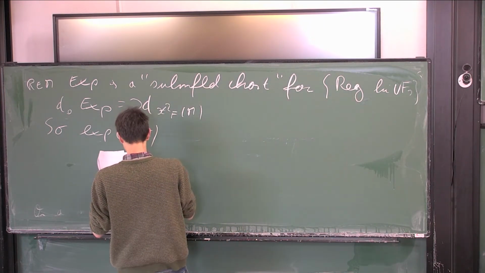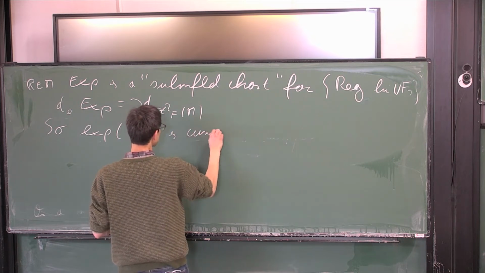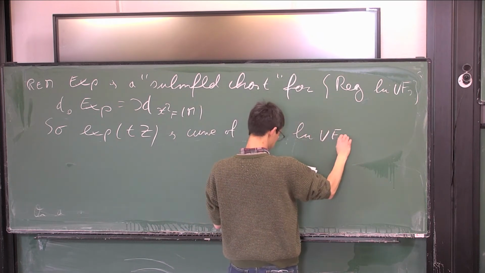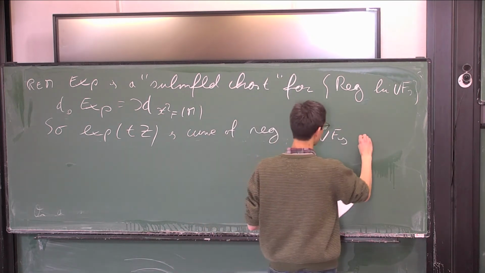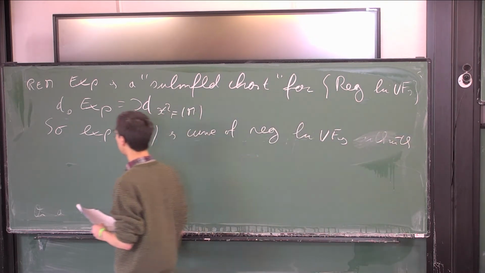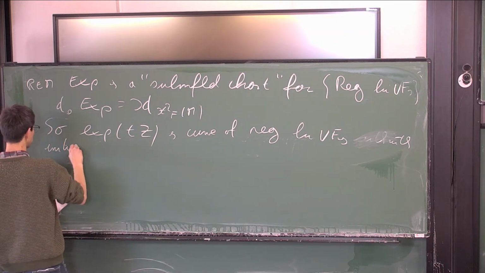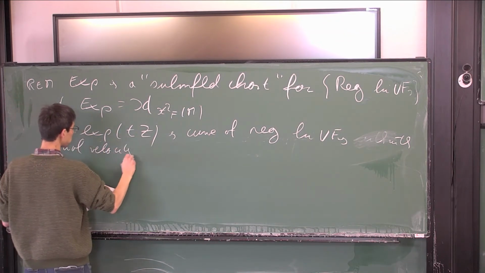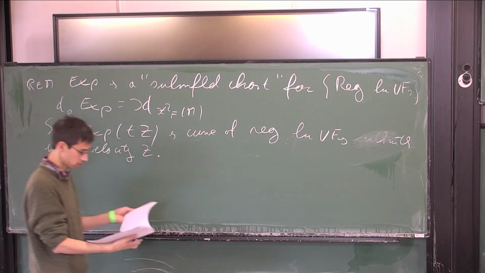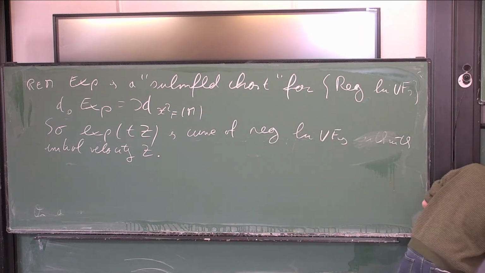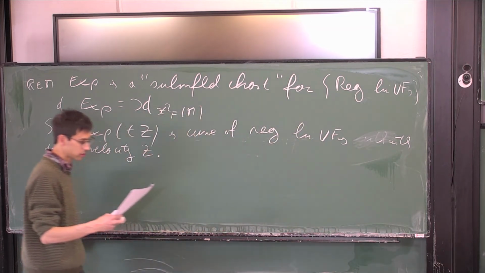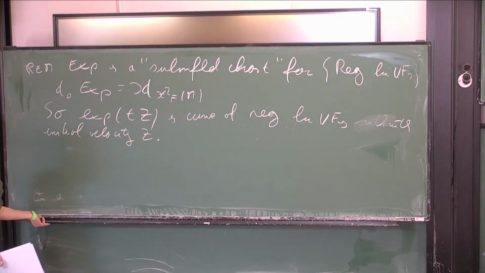So this is a curve of regular bivector fields through pi with initial velocity Z. It looks something like this. As long as I don't have the integrability condition, things look very nice.